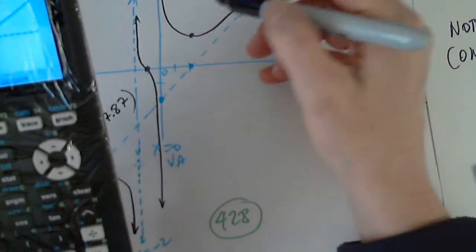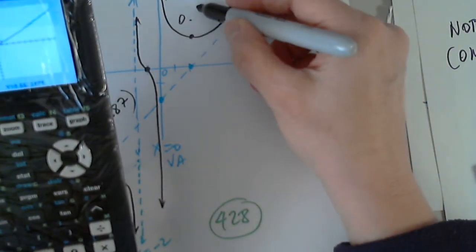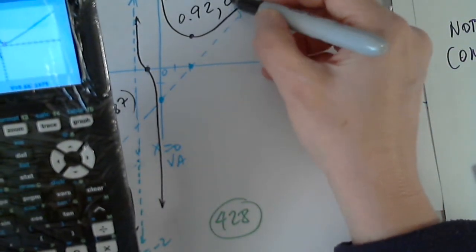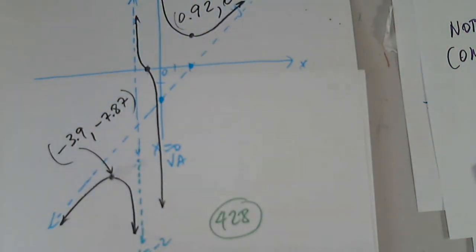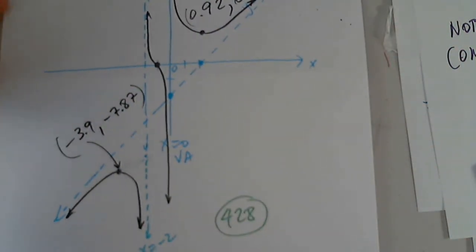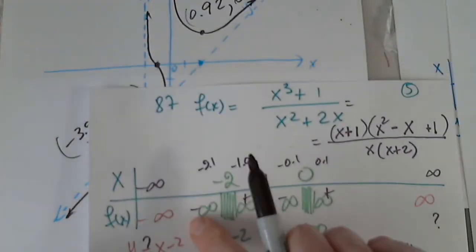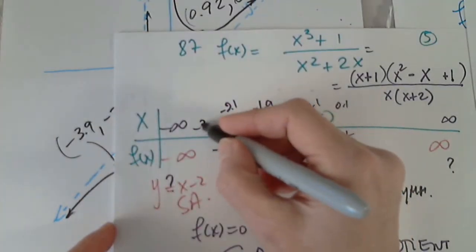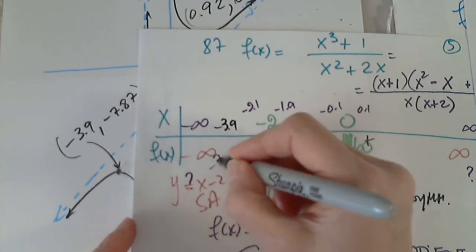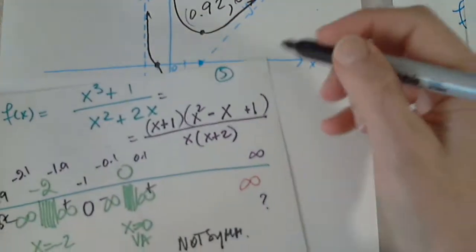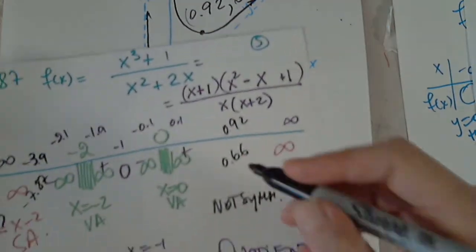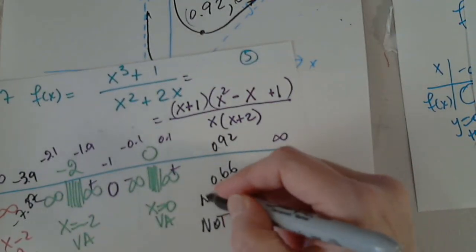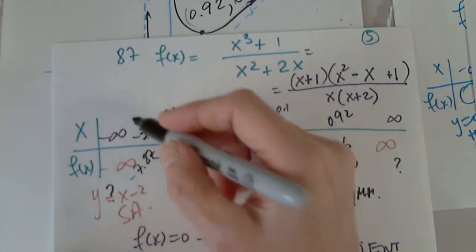And I got 0.92, 0.66. And those should be in the table right here as -3.9, -7.87, and 0.92, 0.66. So min, of course, local min, and this is local max.